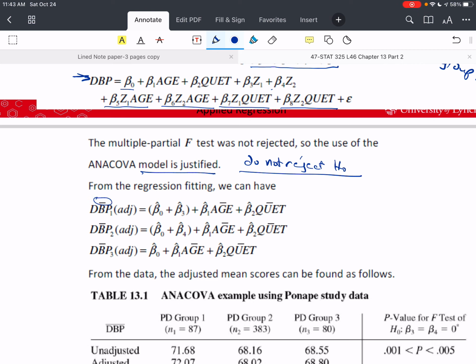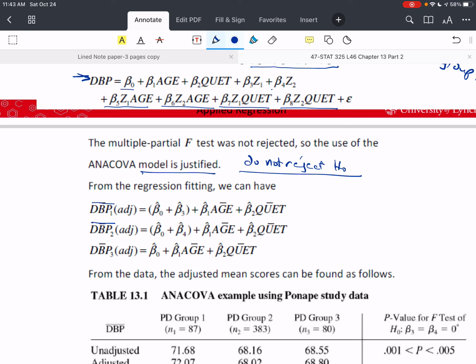this bar is for the whole thing. So the average of diastolic blood pressure for group 1, adjusted, would be beta naught plus beta 3 plus beta 1 age plus beta 2 Quet. This is where Z1 equals 1.